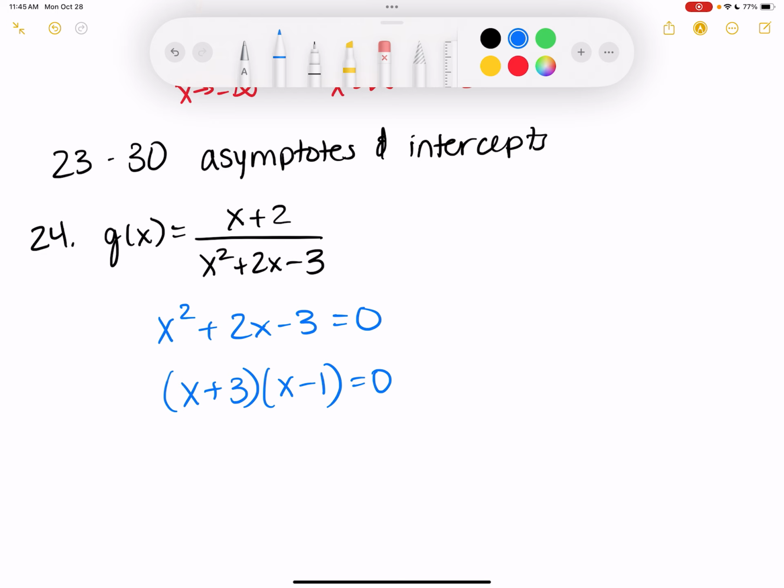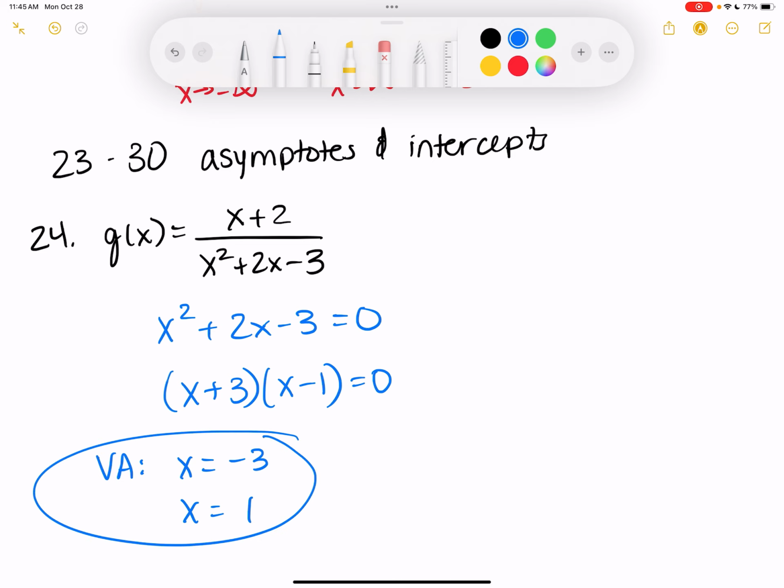So I would have one at x equals negative 3 and one at x equals 1. So that's my vertical asymptotes.